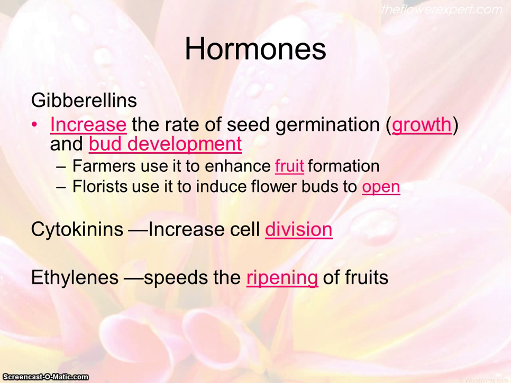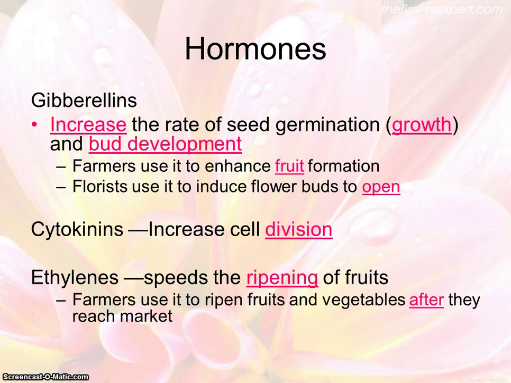Cytokinins are going to be the hormone that's going to help increase cell division, so help increase the growth of particular parts of the plant. Ethylenes are going to be hormones that will be used to cause a plant to ripen. Okay, or excuse me, a fruit. So once a fruit is produced, it has to ripen, and then the ethylene hormones will help in that.